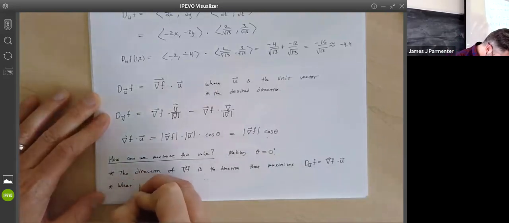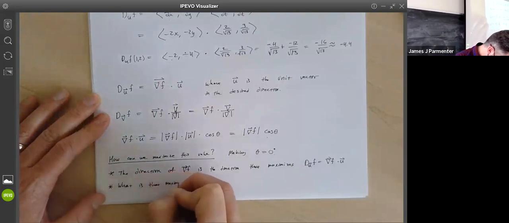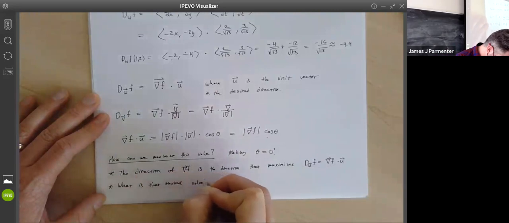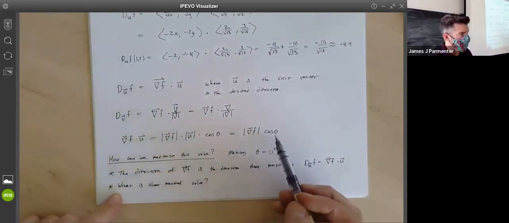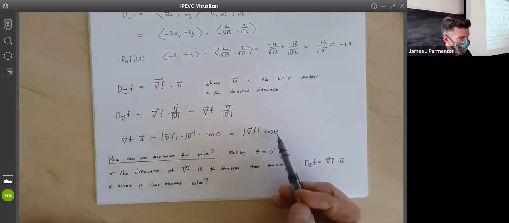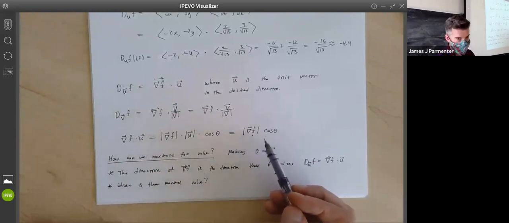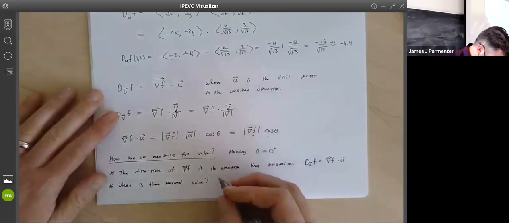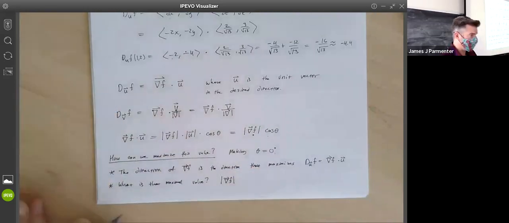So what is that maximal value? Well, we've almost got it written down already. If I want to make this as big as possible, we just said we had to let theta equal 0. If theta equals 0, what are you left with? The magnitude of the gradient times cosine of 0, which is 1. So the maximum value is just the magnitude of the gradient.